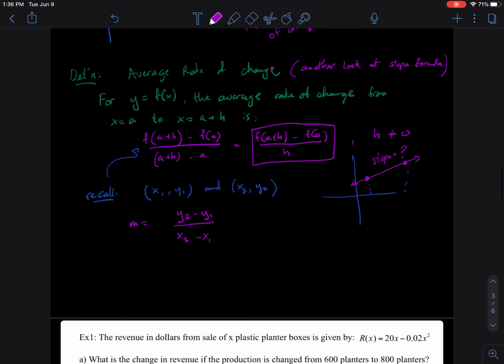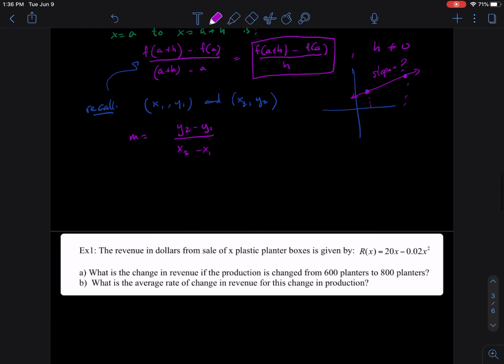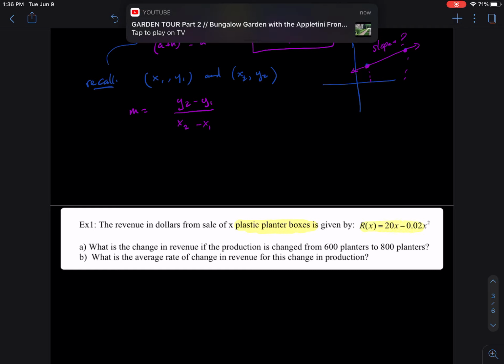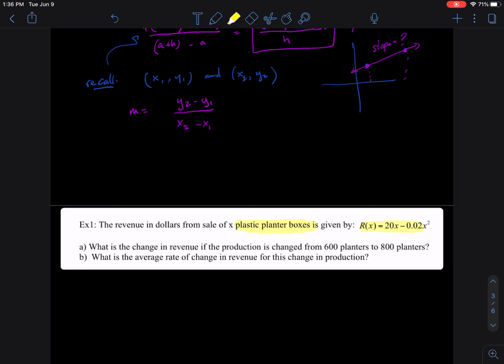Okay, so let's apply this formula and do an example, so that way we can get a quick refresher on how to use this formula here. In an application context, you have the revenue in dollars from the sale of x plastic planter boxes, given by this formula. R of x equals 20x minus 0.02x squared is the revenue function.